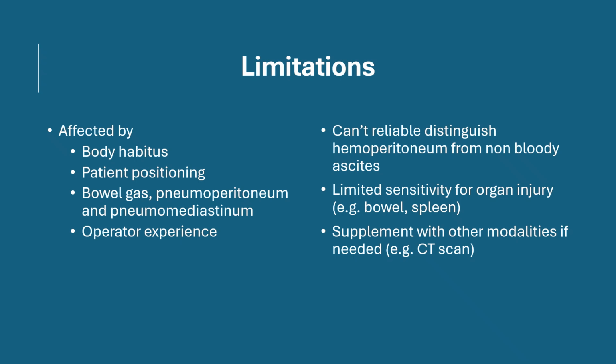It cannot unfortunately reliably distinguish between hemoperitoneum or hemothorax and non-bloody fluid or chronic fluid, which was present before the trauma. It has limited sensitivity for solid organ injuries such as bowel and spleen. And again, it is important for us to know these limitations, and if time allows and patient circumstances allow, supplement this with other modalities if needed, such as, for example, a computed tomography scan. Please take a moment to review this slide.